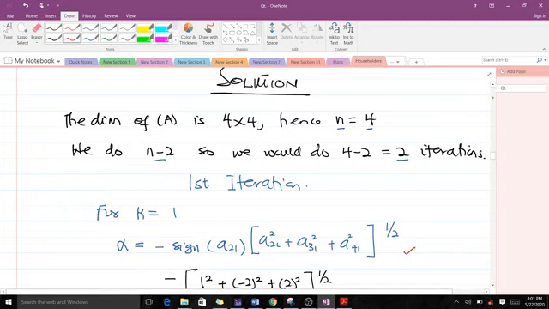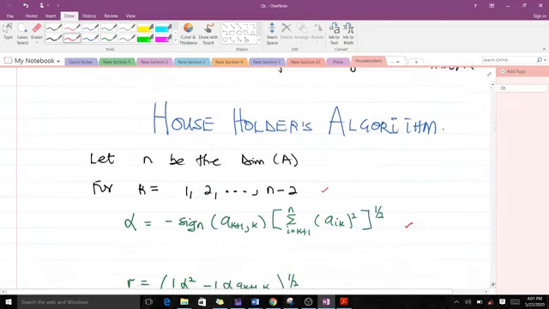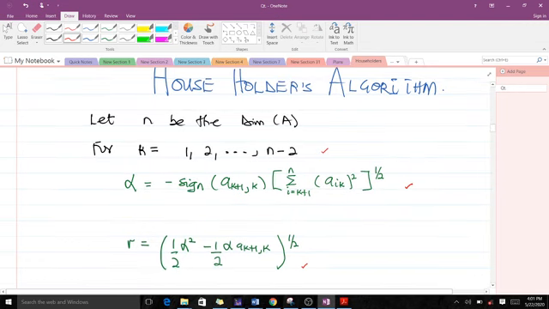Alright, so let's get it from the algorithm. Realize that the algorithm is alpha is equal to negative sign of a(k+1,k) times whatever we have here. So when k is equal to 1, alpha will be equal to minus the sign of a21, since k is 1 and 1 plus 1 is 2, all times the sum for j starting from k plus 1 to n.